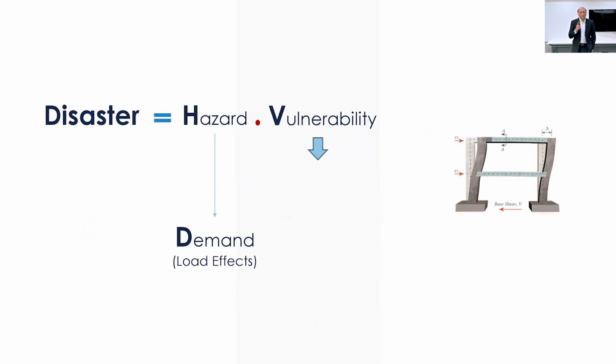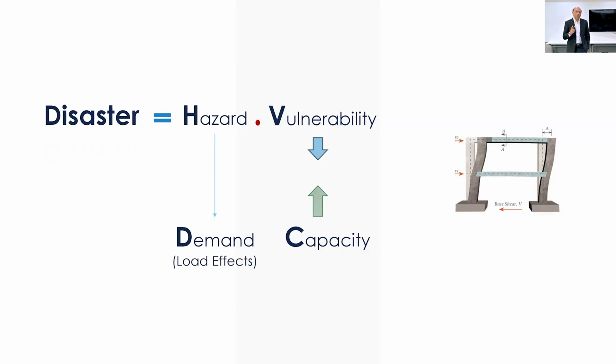So hazard normally translates to demand, for example, load effects, earthquake loads, wind loads, and others. And normally they are ultimately transferred into bending moment, shear forces, and things like that. And vulnerability is related to capacity. So if we somehow improve the capacity, then we can reduce the vulnerability and obviously then reduce the risk of disaster.